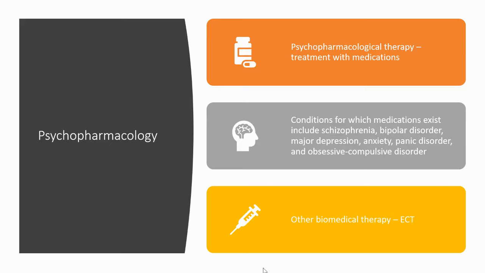The last category here, other biomedical therapy, ECT is electroconvulsive therapy, which used to be known as the electric shock therapy. It sounds barbaric, but there has been a lot of research to show that it's really beneficial in treating severe depression. And what happens is the person is given a depressant or relaxation pill to help their muscles relax.